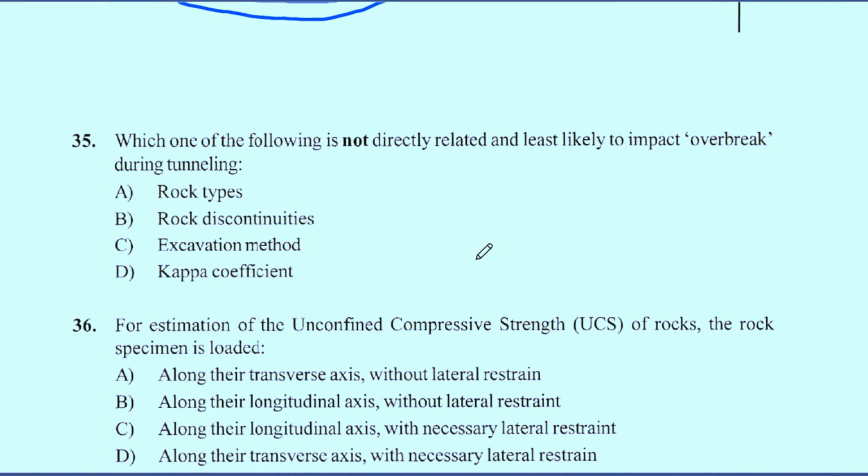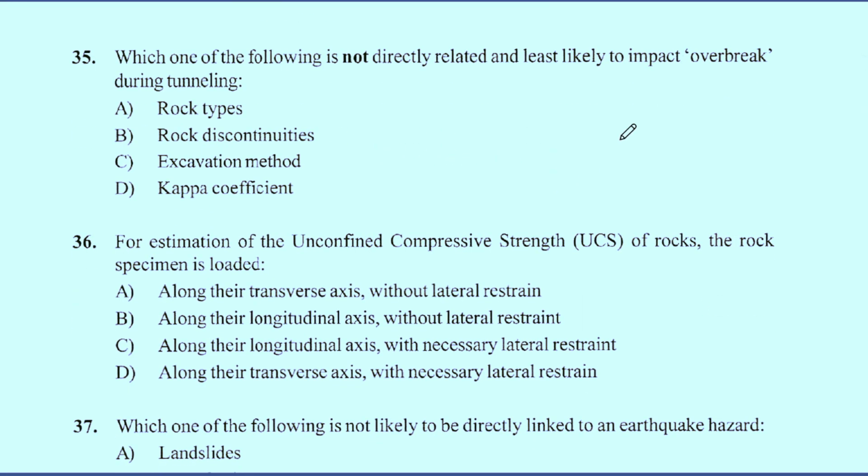Next question is: which of the following is not directly related and least likely to impact overbreak during tunneling? Overbreak, not related. If we look at these three terms, they are related to rock type, whether the rock is fractured or not, rock discontinuity, and the excavation method we are using.